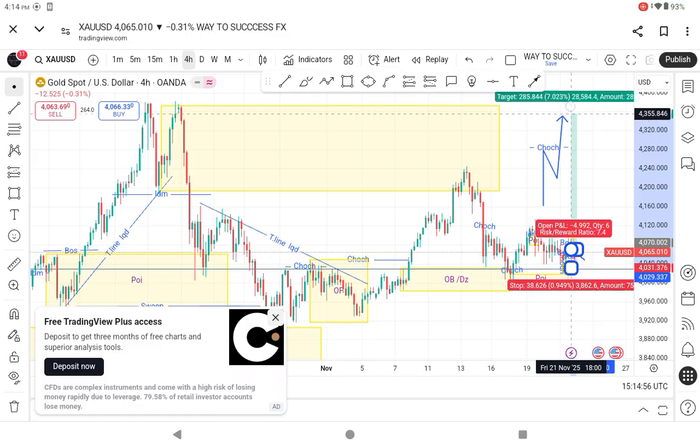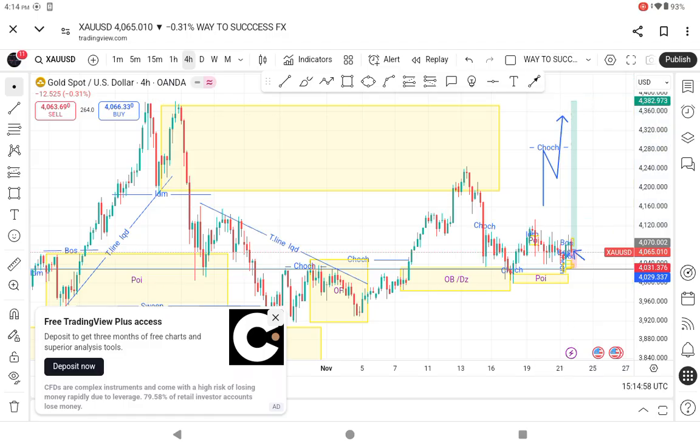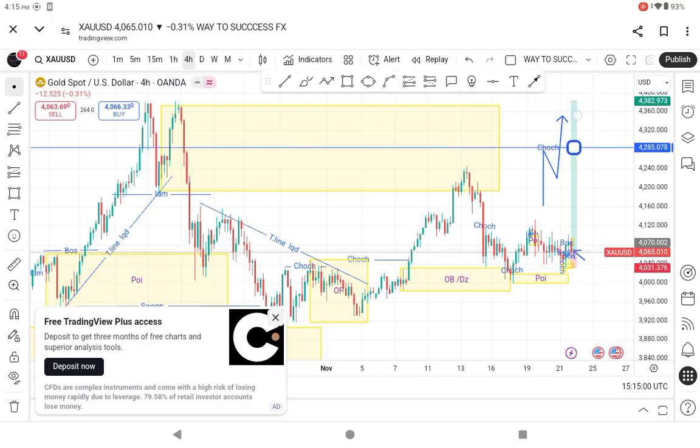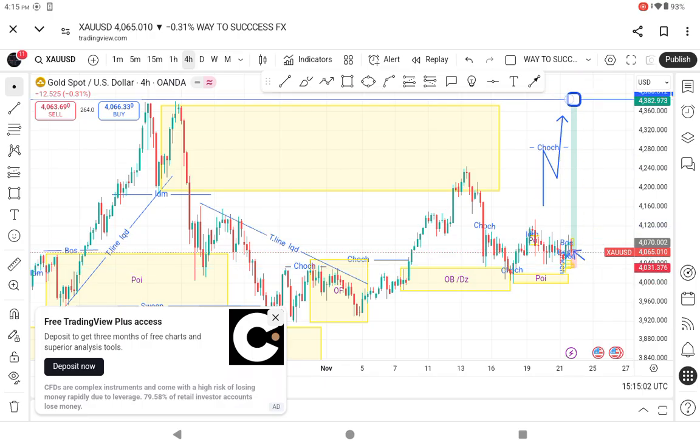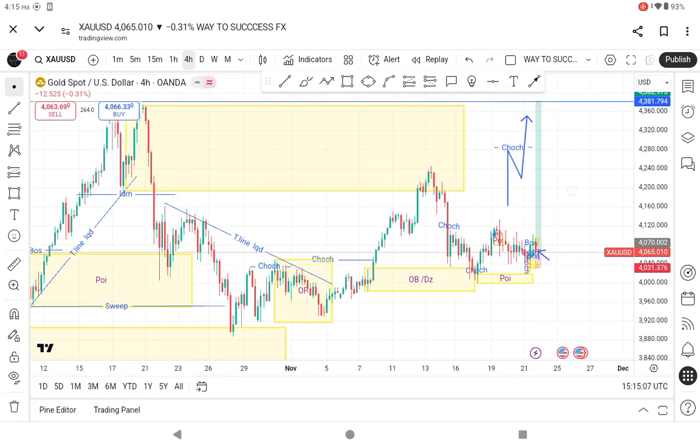Our old daily high, this high. Let me put a horizontal line into it. So this will be my final TP. So that's my plan going into next week. Immediately the market opens, I'm going to be looking for a buy. So that is my analysis on gold currently. Let's see how it goes.